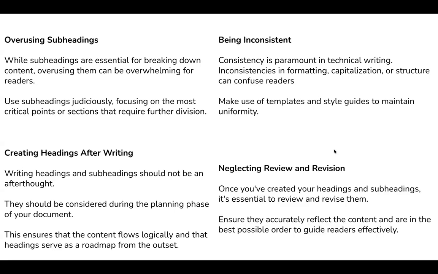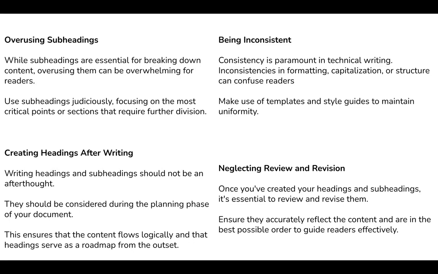Another mistake people make is neglecting review and revision. Once you've created your headings and subheadings, it is essential to review and revise them so you can ensure that they accurately reflect the content and are in the best possible order to guide your readers and your audience effectively.